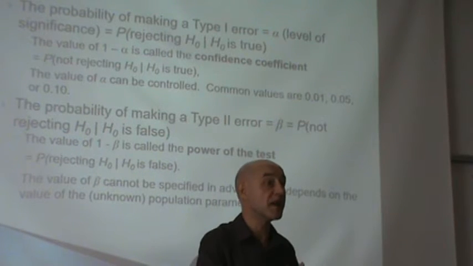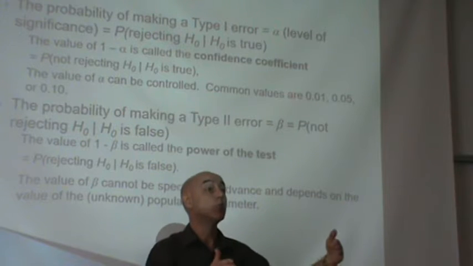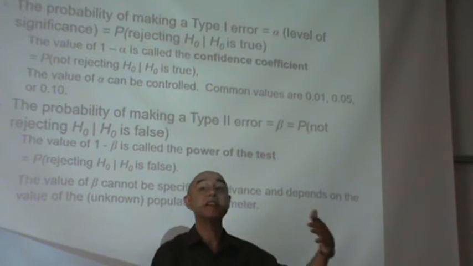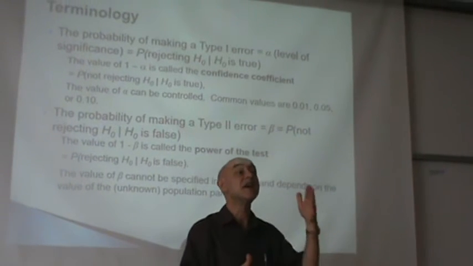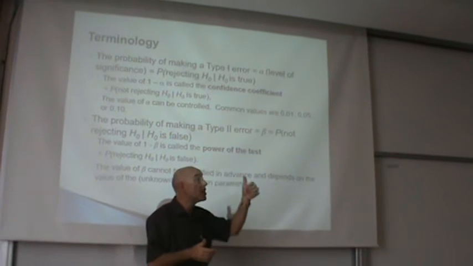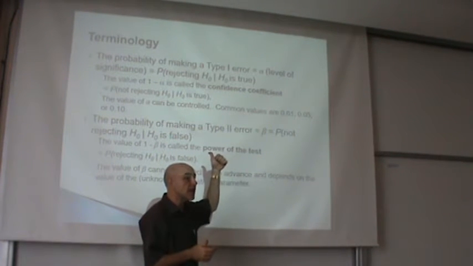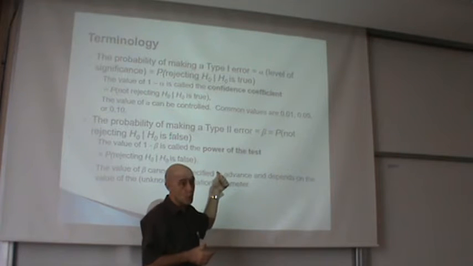So the type 1 error is determined by the alpha, which is the confidence level that we discussed last time. It's exactly the same concept. Its meaning is the same. It is the same interpretation. And here in statistical testing, it's used in exactly the same way.